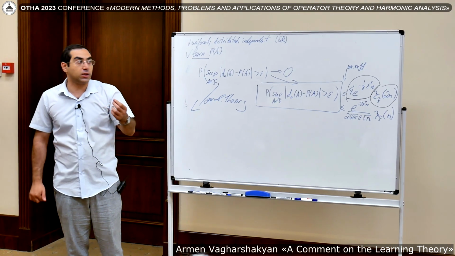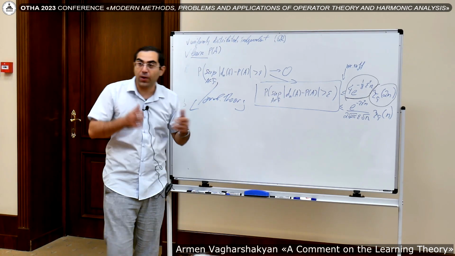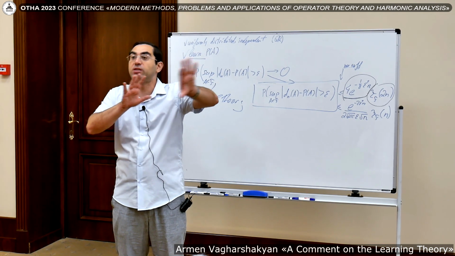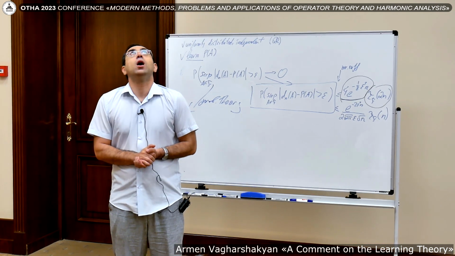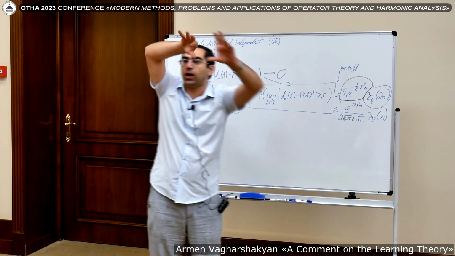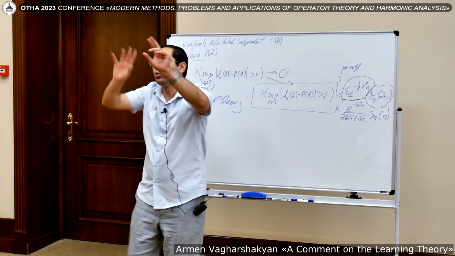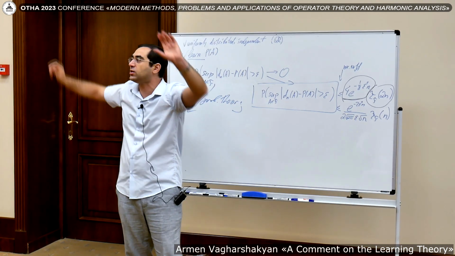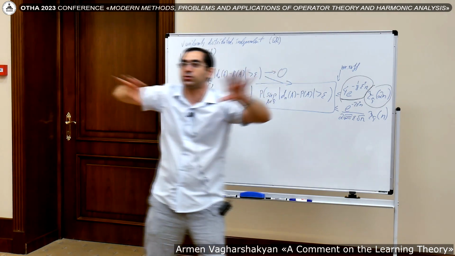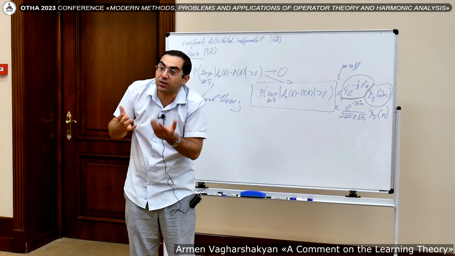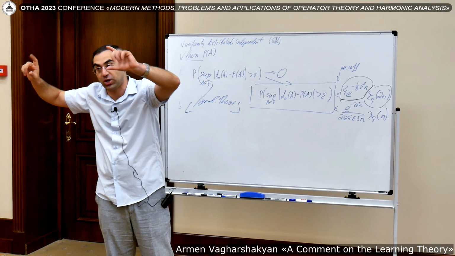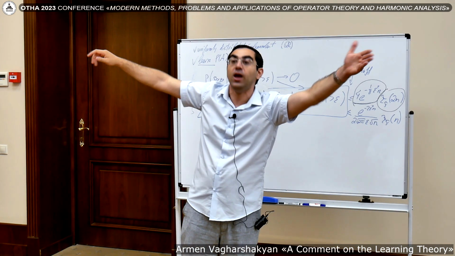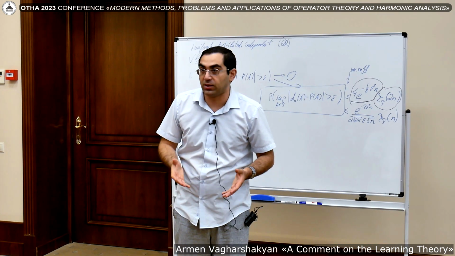Another way is if these are families of functions, then if you want to guarantee distance between functions, for example, you expand functions in some kind of orthogonal series. You look at these coefficients, and if these coefficients are different from each other, then the functions are different from each other, so there are not many overlaps. Guaranteeing that if the coefficients are different in this orthogonal expansion, then the functions are different, relates to Rademacher complexity.